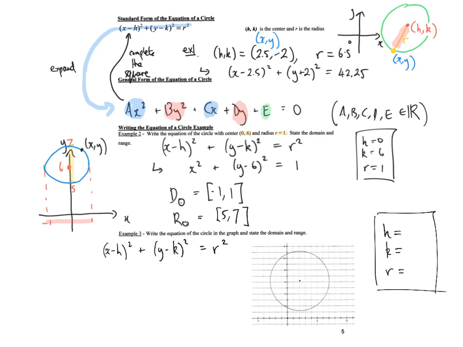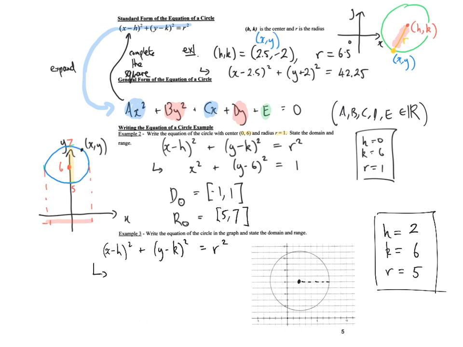So we can see here the centre is at 2, 6. So the x coordinate is 2, the y coordinate is 6. What is my radius? Well, the best radius that I can see to take is the one that goes over here. How many units do we pass? We go 5. So the radius is 5.